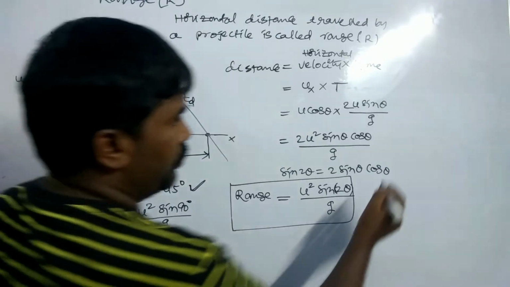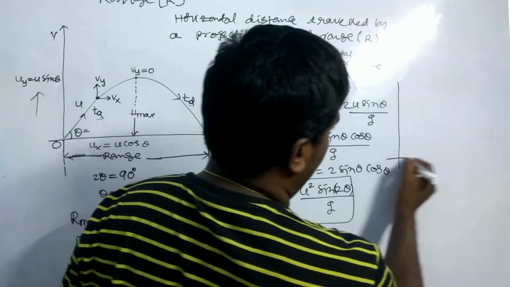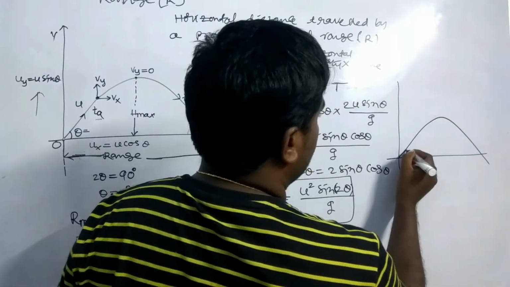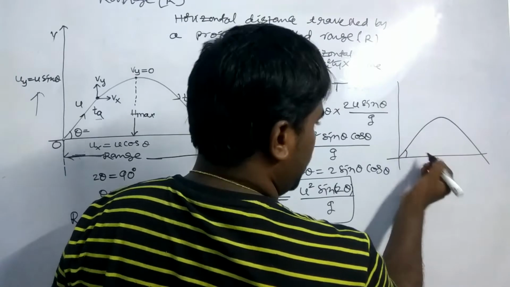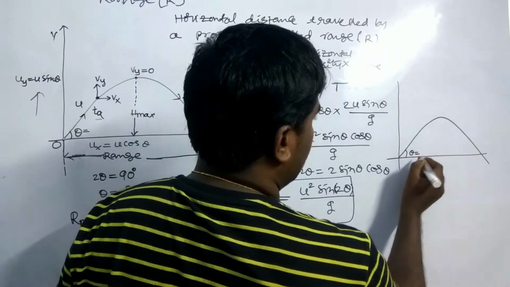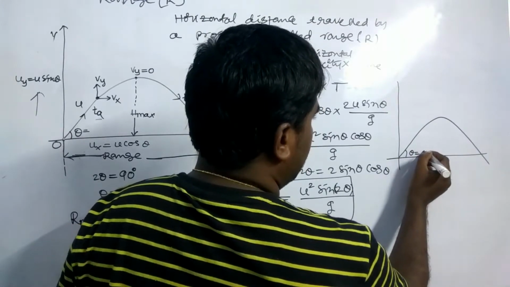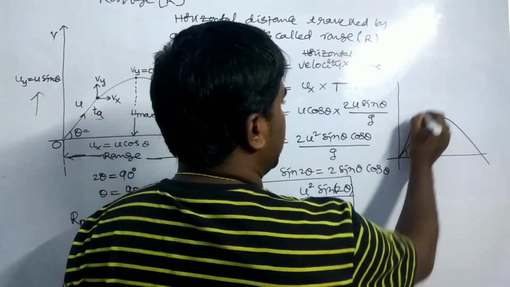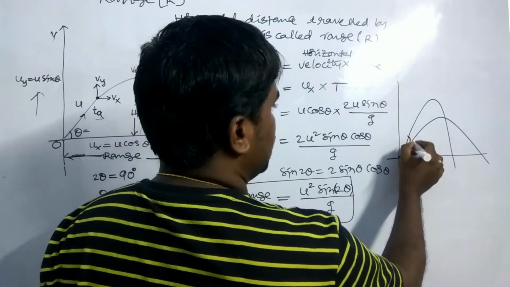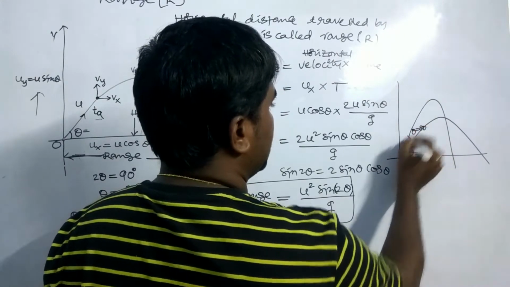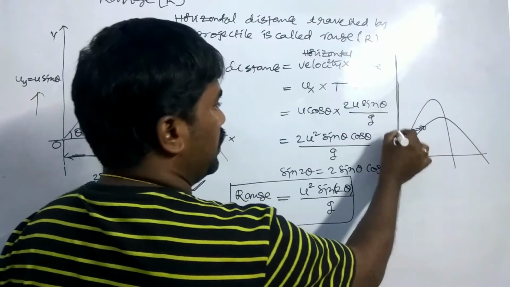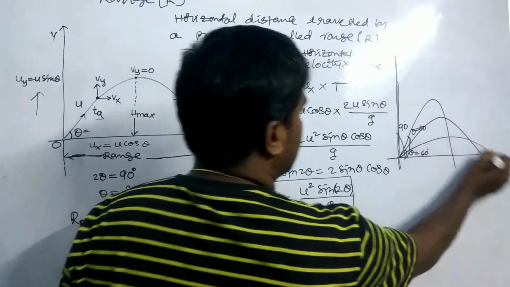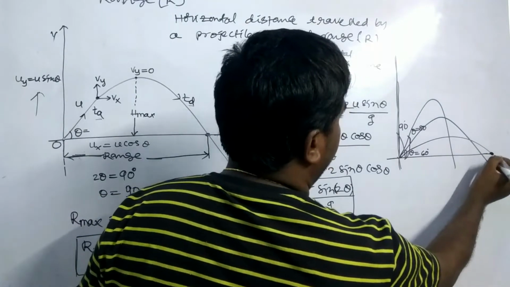Suppose you throw an object from the horizontal, and you project it at some angle theta equal to 60 degrees, then theta equal to 80 degrees, and this is theta equal to 90 degrees. Where theta is equal to 45 degrees, it reaches the maximum range.